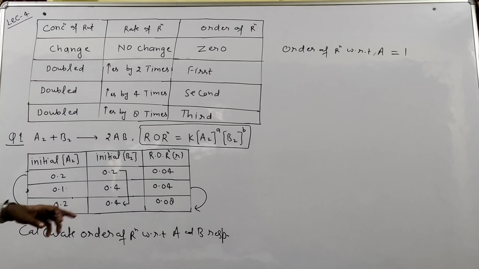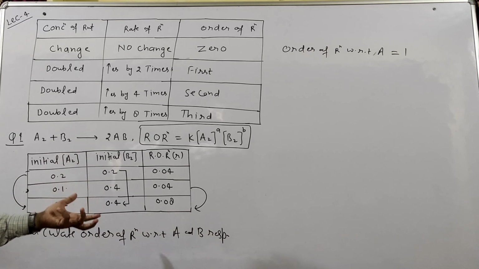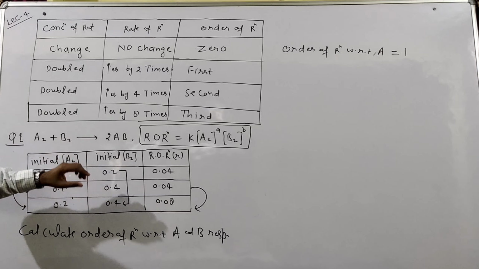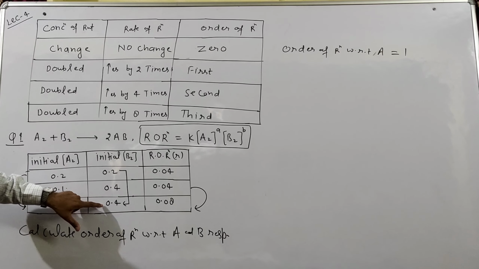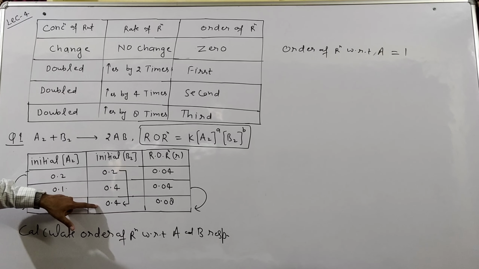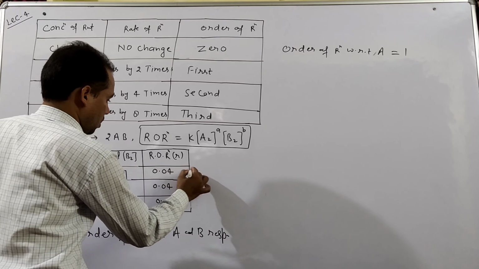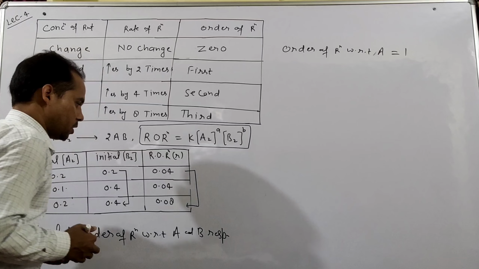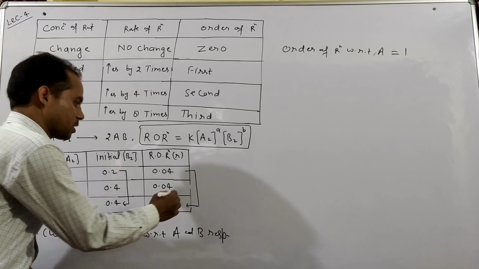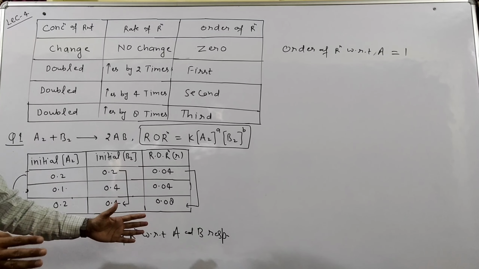So you can see clearly the concentration of reactant B is just doubled. This is the initial concentration, this is the final concentration. On doubling the concentration, what is the effect on the rate of reaction? Initially the rate of reaction is 0.04 and finally it is 0.08, which means the rate of reaction also gets doubled, increased by 2 times.